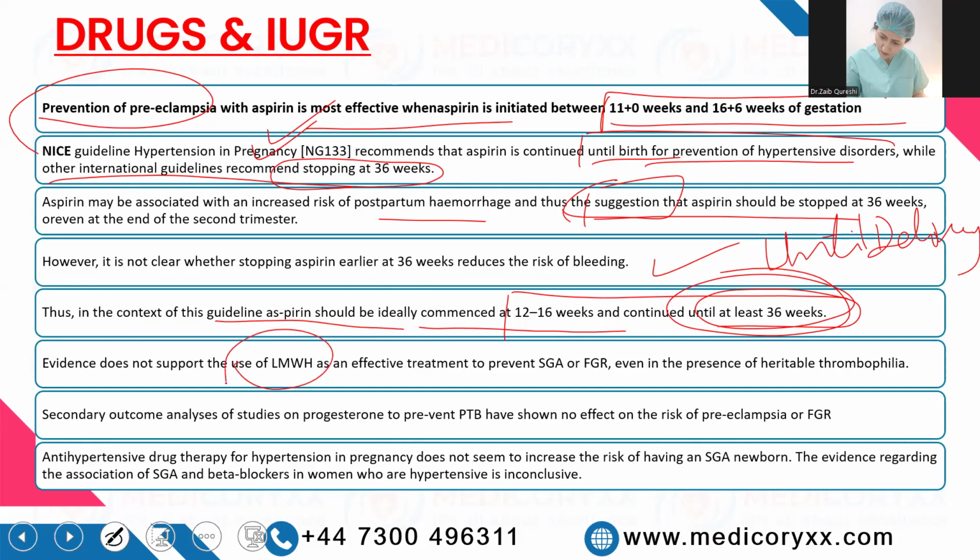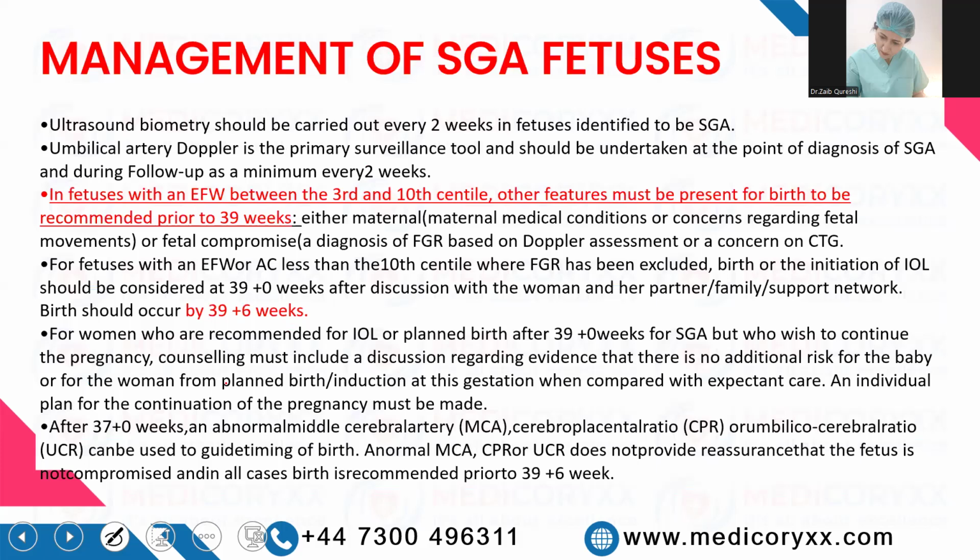And no use of low molecular weight heparin. And antihypertensive drugs do not seem to increase the risk of SGA itself. However, for the beta blockers, if we are using them in the hypertensive, the data is still inconclusive.